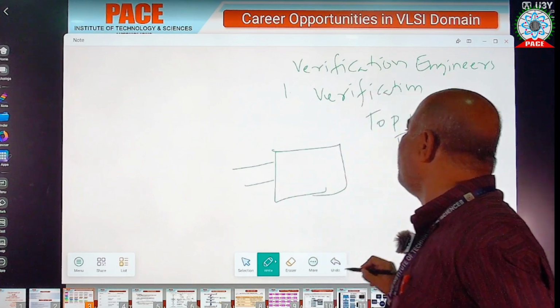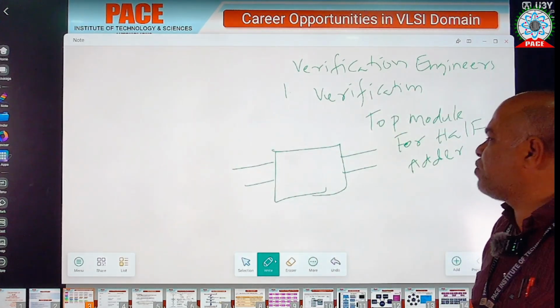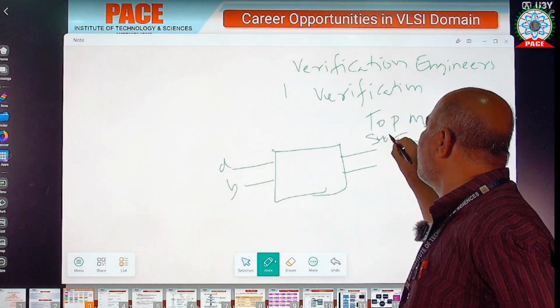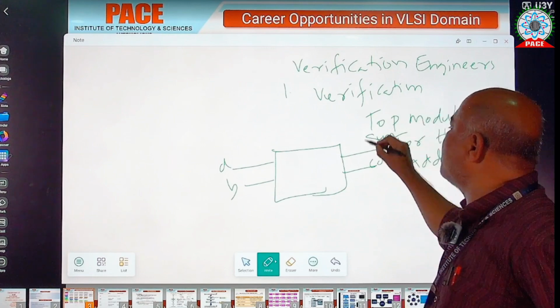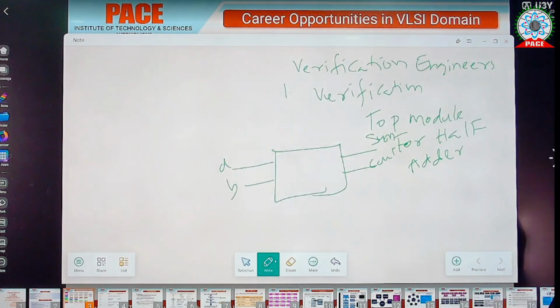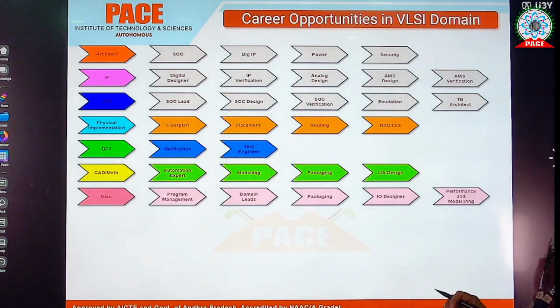The architecture describes what the input is and what the output is. Here the inputs are A and B, and the outputs are sum and C out. Like that, you are designing the top model and verification.